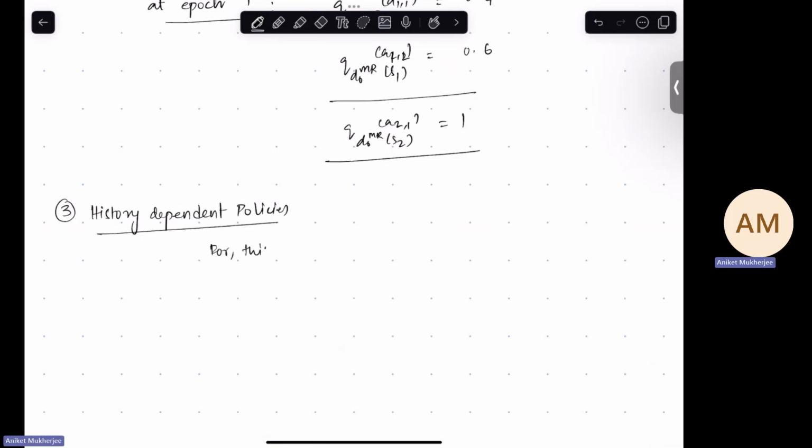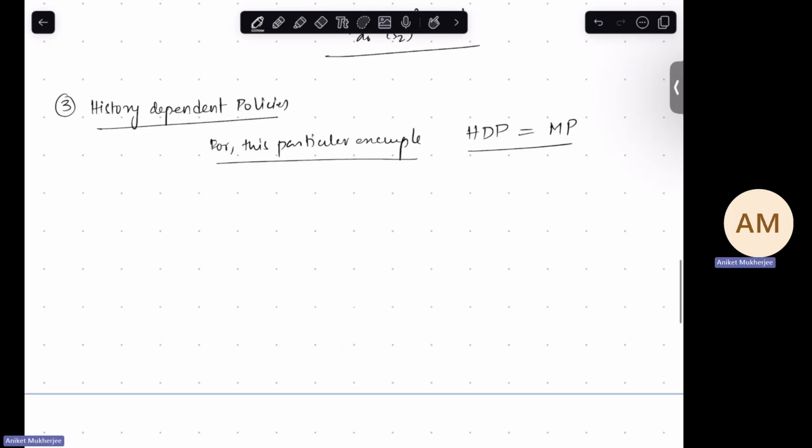For this particular example, your history dependent decision process is equal to your Markov decision process. So we will introduce a new action here so that you have something else going on, which will separate your history dependent policies and your Markov decision policies.